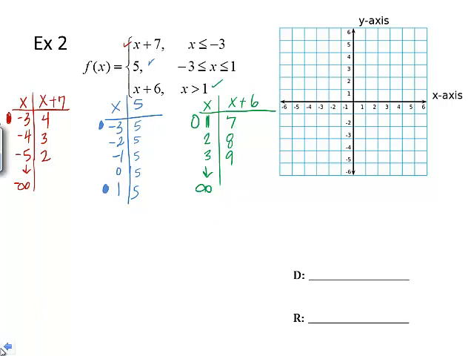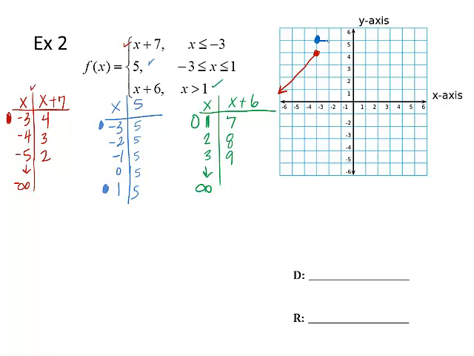Now, I'm going to go back and graph my pieces, starting with this one. Negative 3, 4, closed circle, negative 4, 3, negative 5, 2. So it's doing this right here. Second one, at negative 3, 5, it's a closed circle.